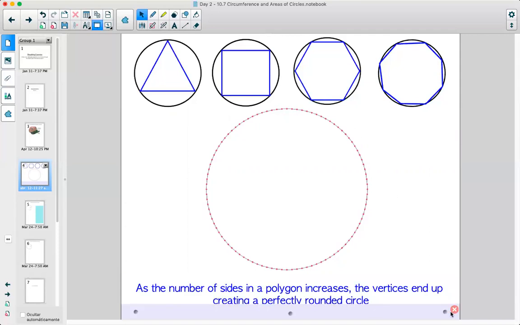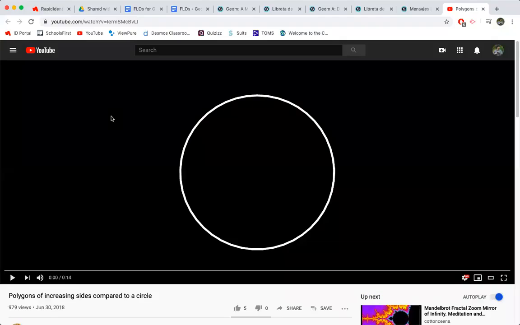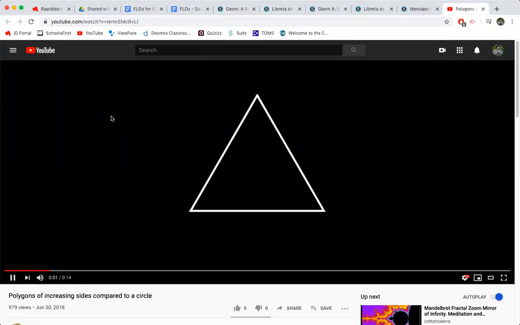I'm going to go ahead and show you a video of what I am talking about. So you can see that these are slowly becoming a circle. Notice how these vertices are getting a lot closer, and now we have a circle. I'll play it again because you might have missed it.